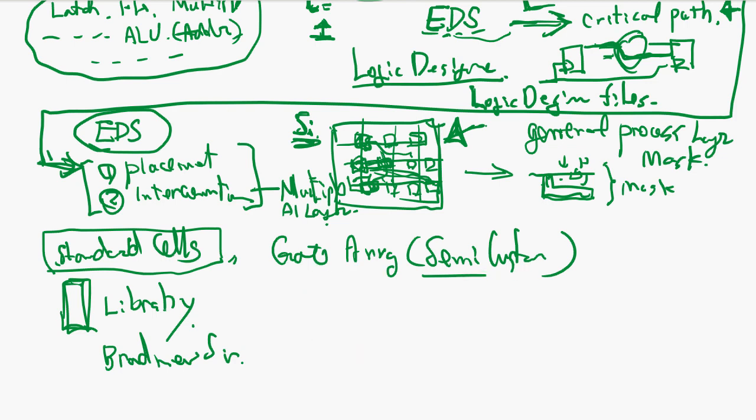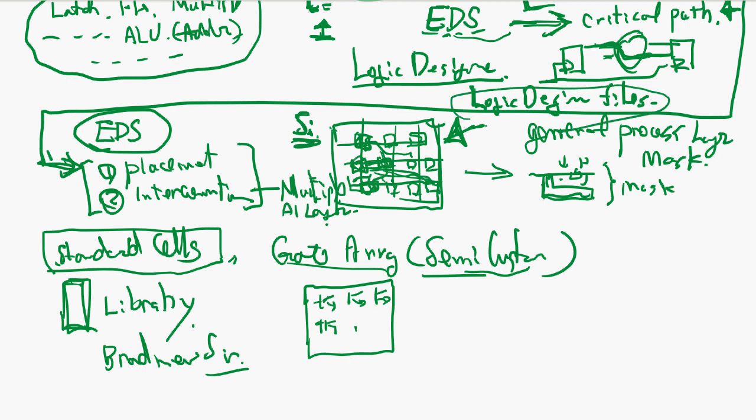You already have a certain number of transistors created on the silicon already. So what you do is you hope this logical design can be all realized by interconnection only.